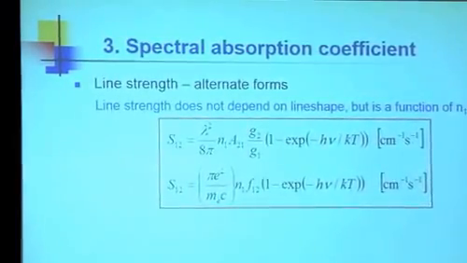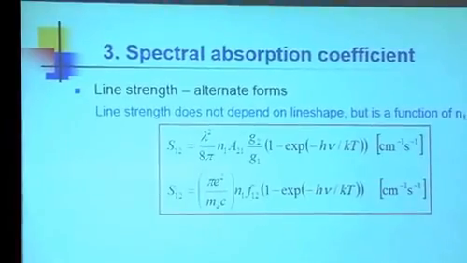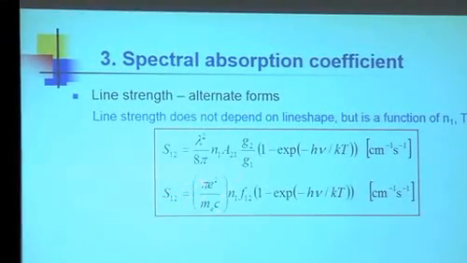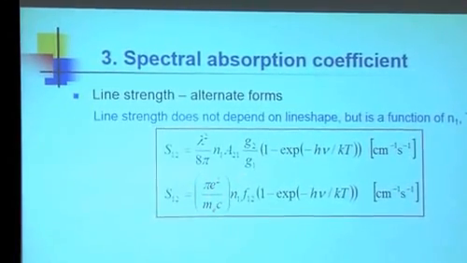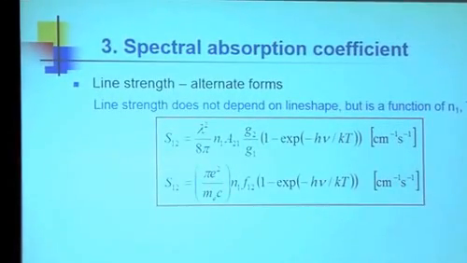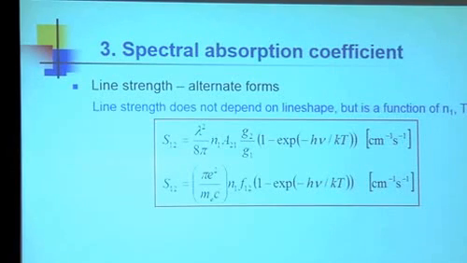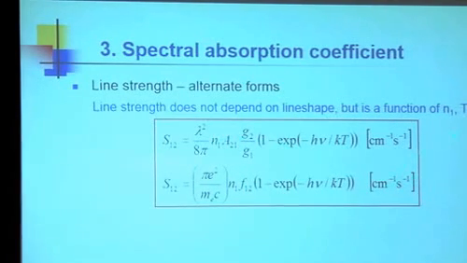Or it can be written this way: pi e squared over mc. What are the units of that thing? Electrostatic units. Nasty. So I usually tell the students exactly what the value is. So the point is, this fundamental quantity can sometimes be written in different forms: oscillator strength, A coefficient, and you've got to be careful about the units.